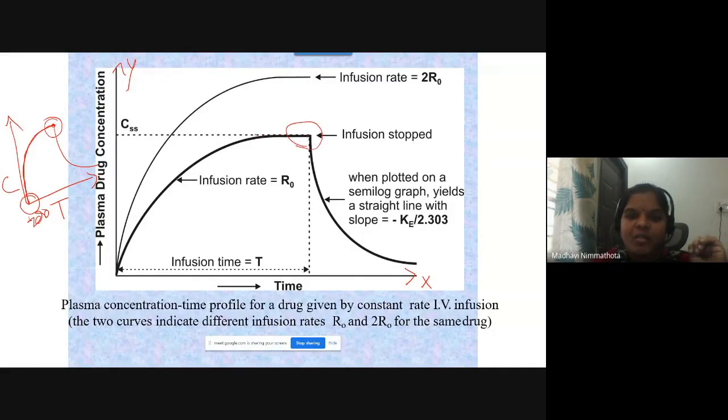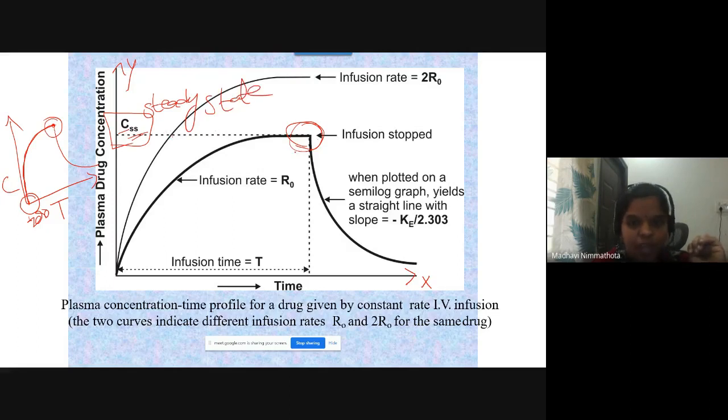When you extrapolate this infusion stopped point to the y-axis, here you have plasma drug concentration, that is C. And what do we mean by CSS? Steady state, also called plateau or infusion equilibrium.